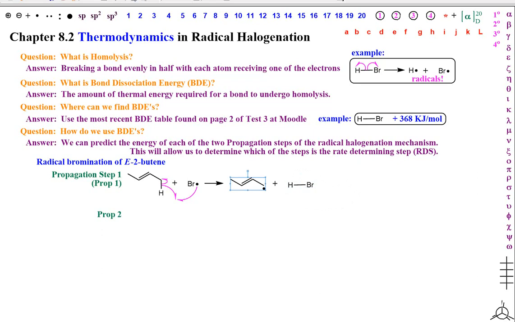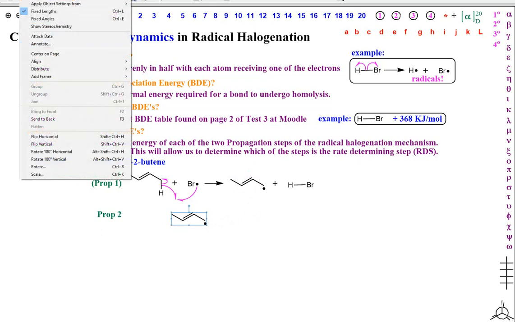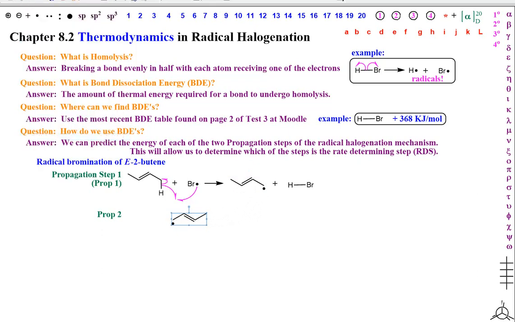In propagation step 2, this is the radical that's going to react. I'm going to flip it over. I want it right underneath the first radical, so you can see the process for the next step's pretty much the same as the first one. That's going to grab a bromine from BrBr. Carbon radical provides 1 electron for making the bond.